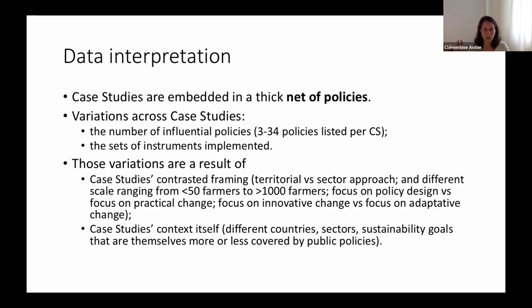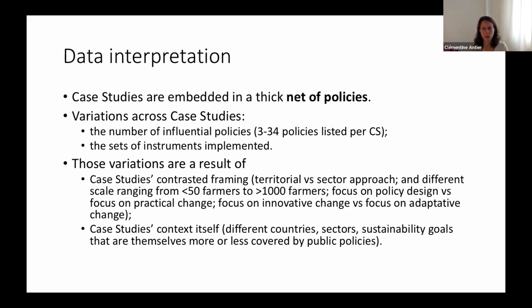And then there is the context itself: between different countries or different regions or different sectors, there can indeed be differences in the policy space.